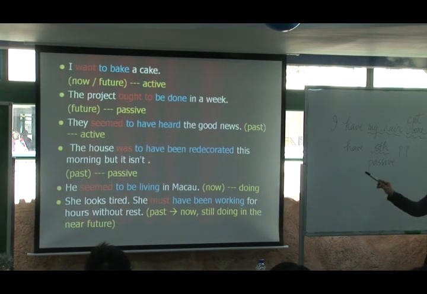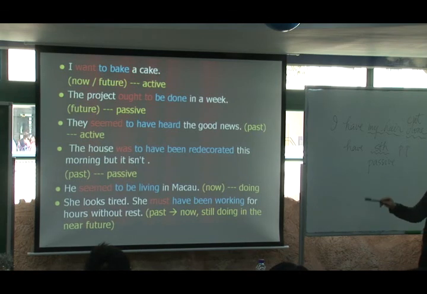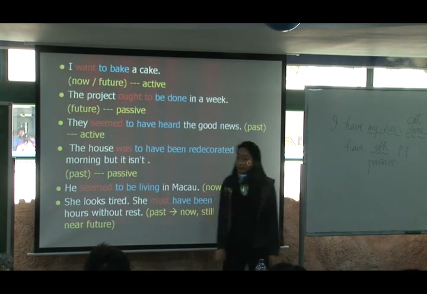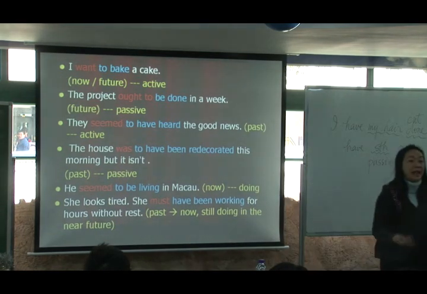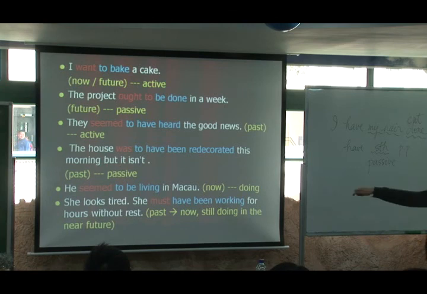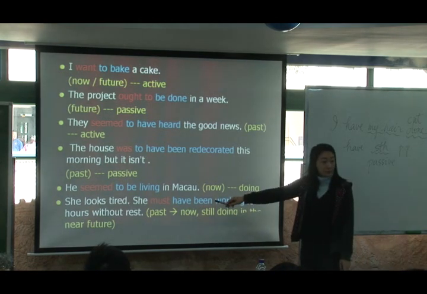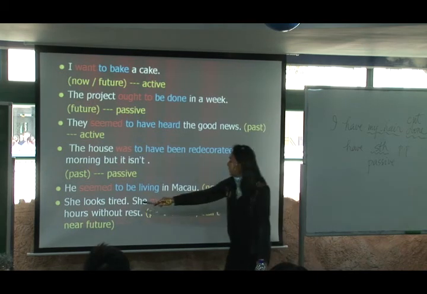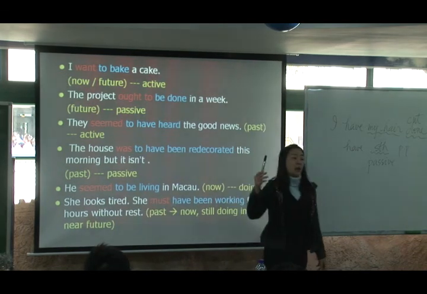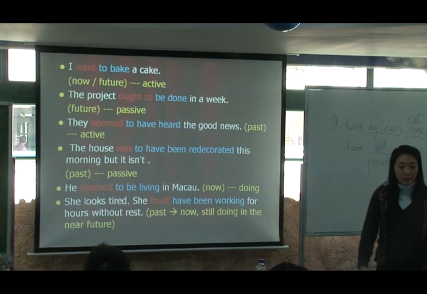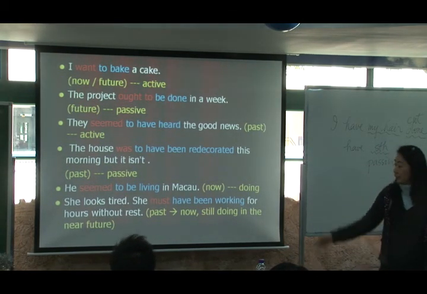She looks tired. She must have been working for hours without rest. Now, she looks tired. But when did she start doing the work? From the past, right? Maybe this morning. This morning until now. How do we know that she is continuing to do it?